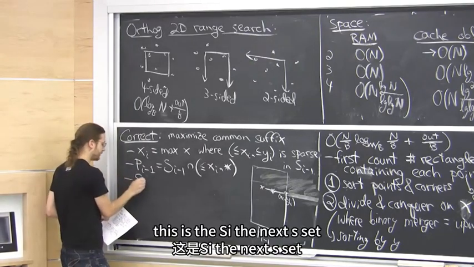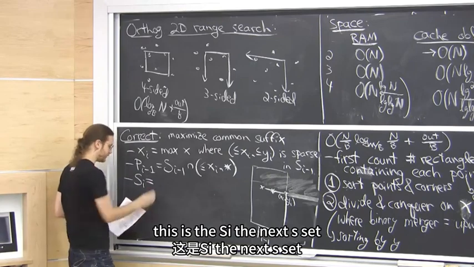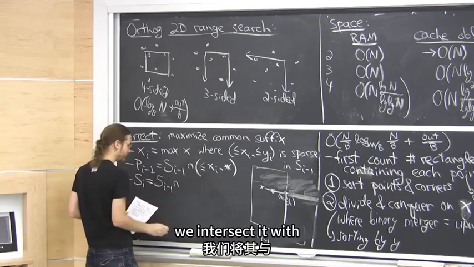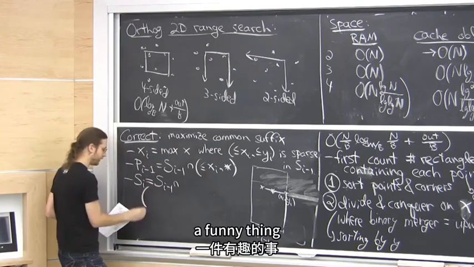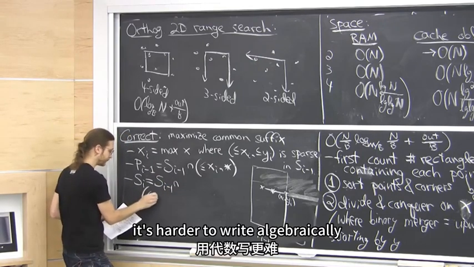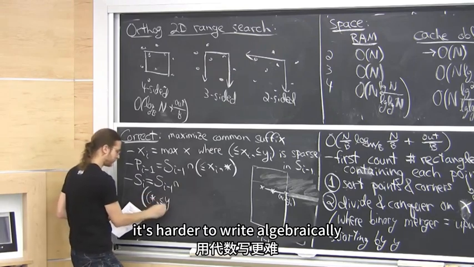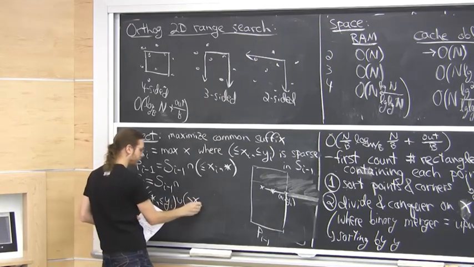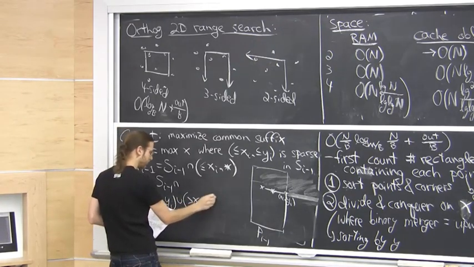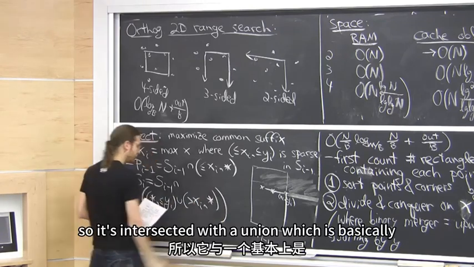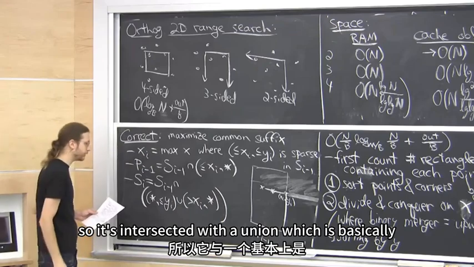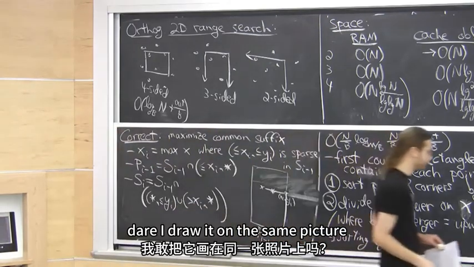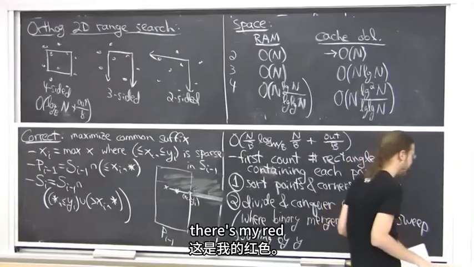So this is the si, the next S set. Take the previous set, we intersect it with a funny thing. It's harder to write algebraically than it is to draw the picture. So it's intersected with a union, which is basically, dare I draw it on the same picture? There's my red here.